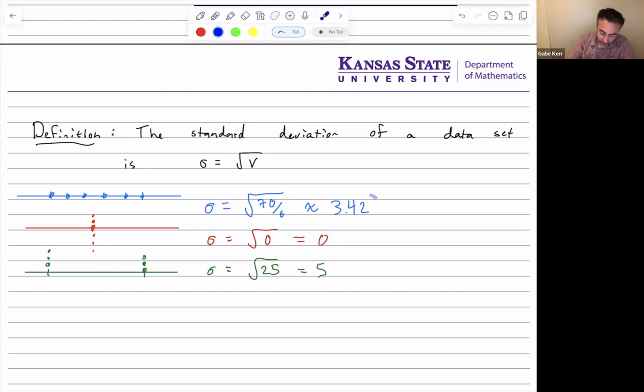We see that as they spread out in a more even way, our standard deviation changes to 3.42. But now, if you think about the range of this data set, the range is 10. And it's equal to the range of this data set. So the range in these two cases is the same, but we're getting a larger standard deviation here because the middle guys are moving out to the side.